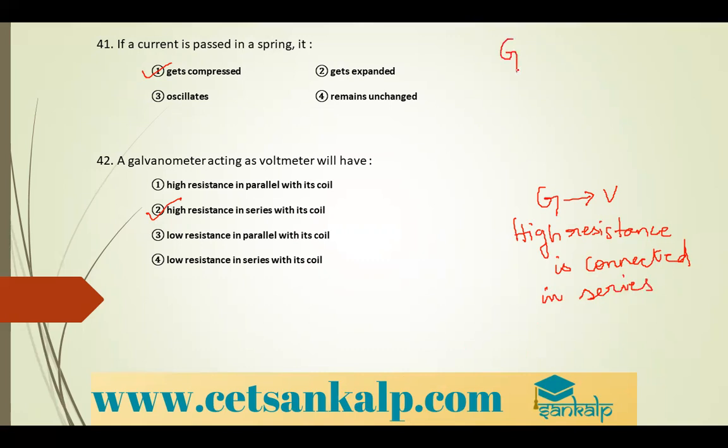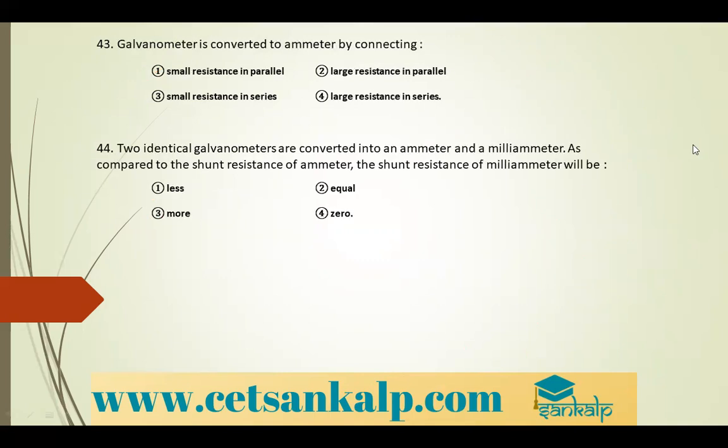So if the galvanometer is converted to ammeter, a low resistance is connected in parallel. Okay, right. So galvanometer is converted to ammeter by connecting a low resistance in parallel. So that is the concept we have to remember.